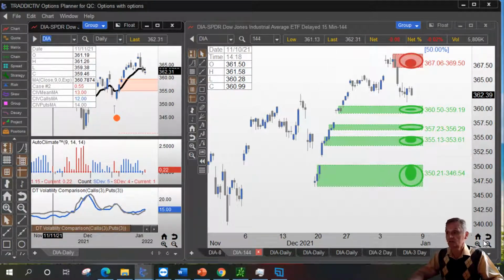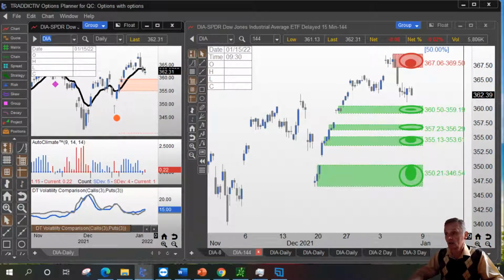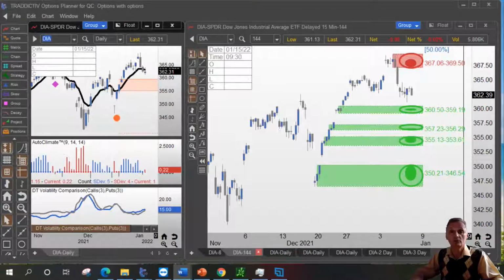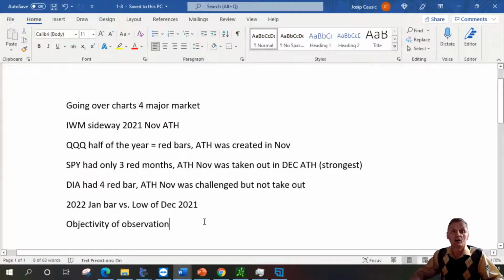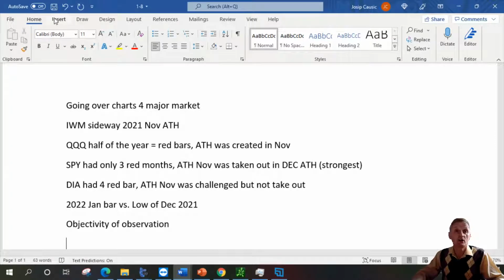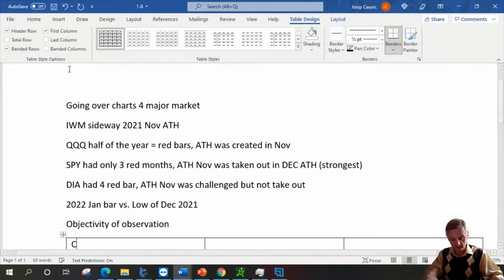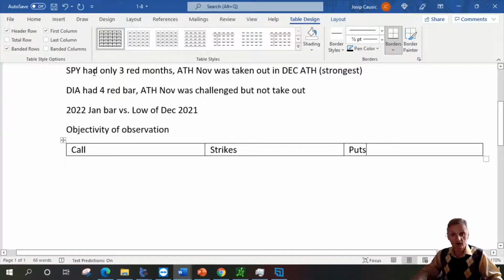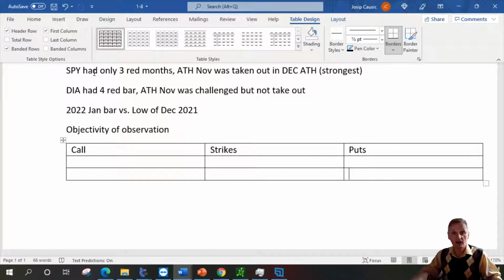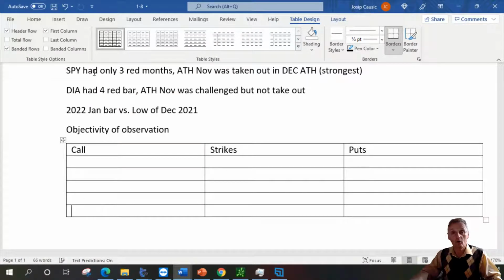And one of the things that it's going to really help is if I, in this Word document, simply add 3 columns. And the 3 columns that I'm going to add are going to be calls, strikes, and puts.